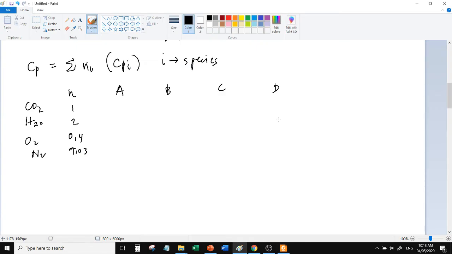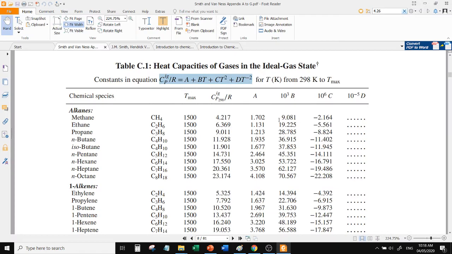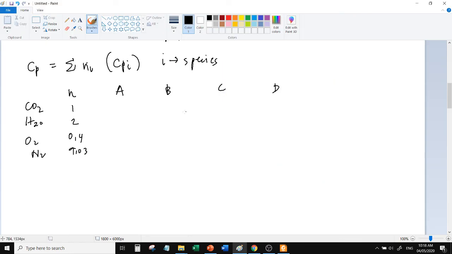So, kakopyahin ko lang yung mga parameters na to, yung constants na to from Smith and Boles for the different species. Kinokopya ko lang yung mga values nila, pero makukuha mo to sa Smith and Boles.